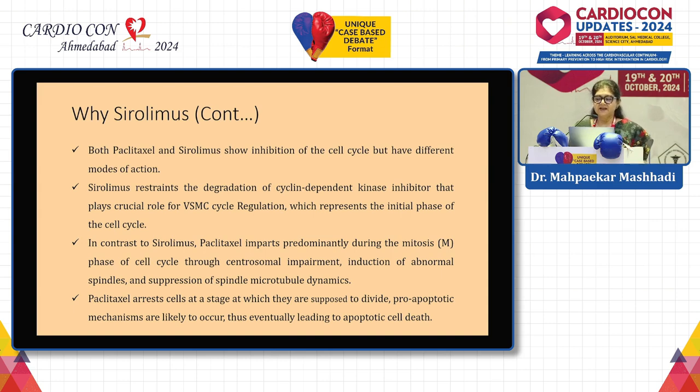Sirolimus retains the degradation of cyclin-dependent kinase inhibitor that plays a crucial role in vasomotor regulation and represents the initial phase of the cell cycle. Paclitaxel arrests the cell stage in which they're supposed to divide, and pro-apoptotic mechanisms are likely to occur, leading to apoptotic cell death.